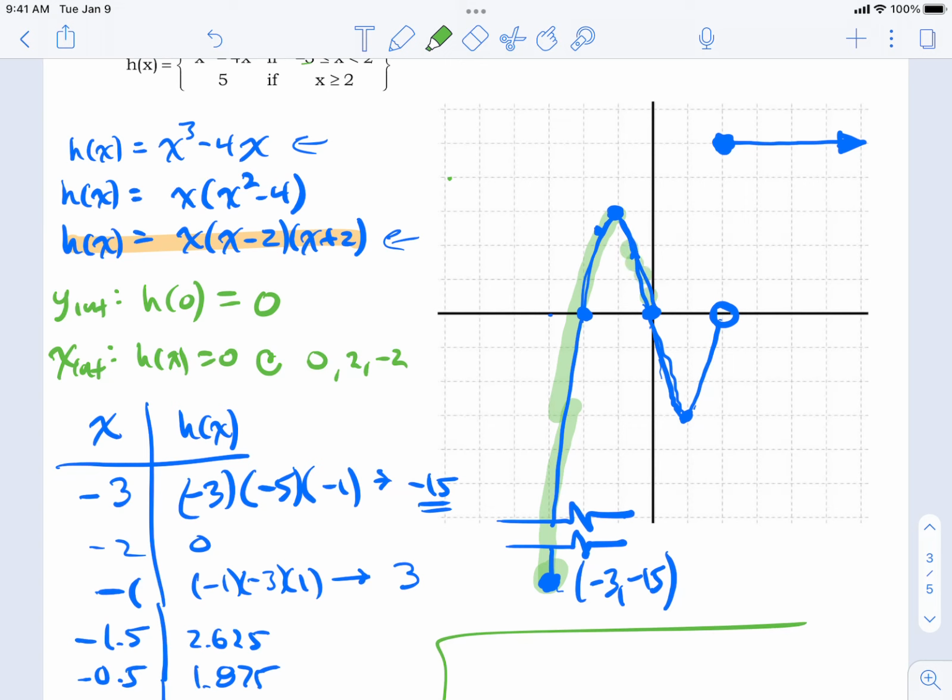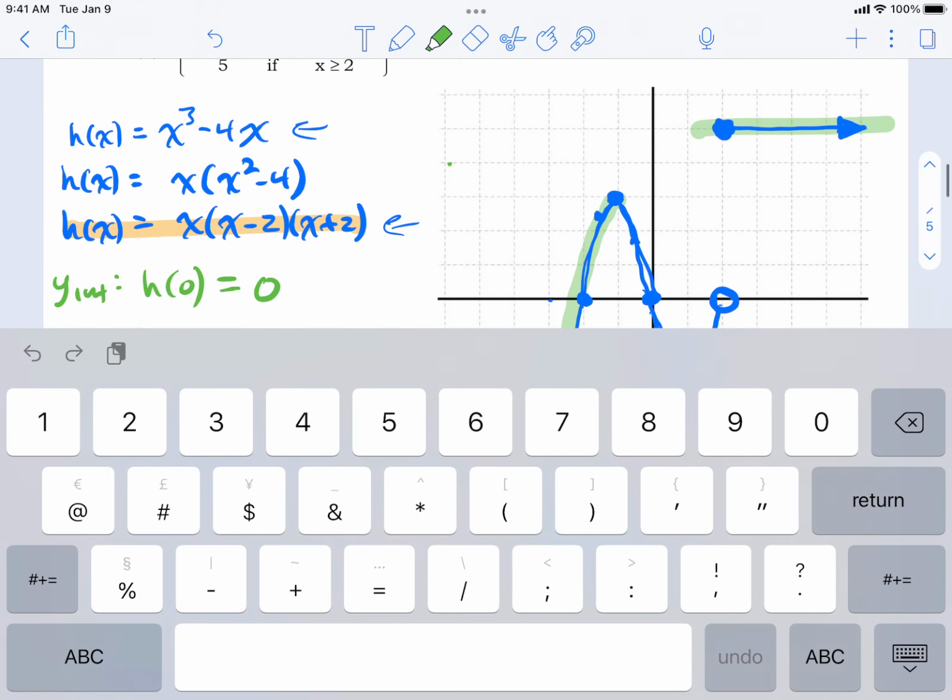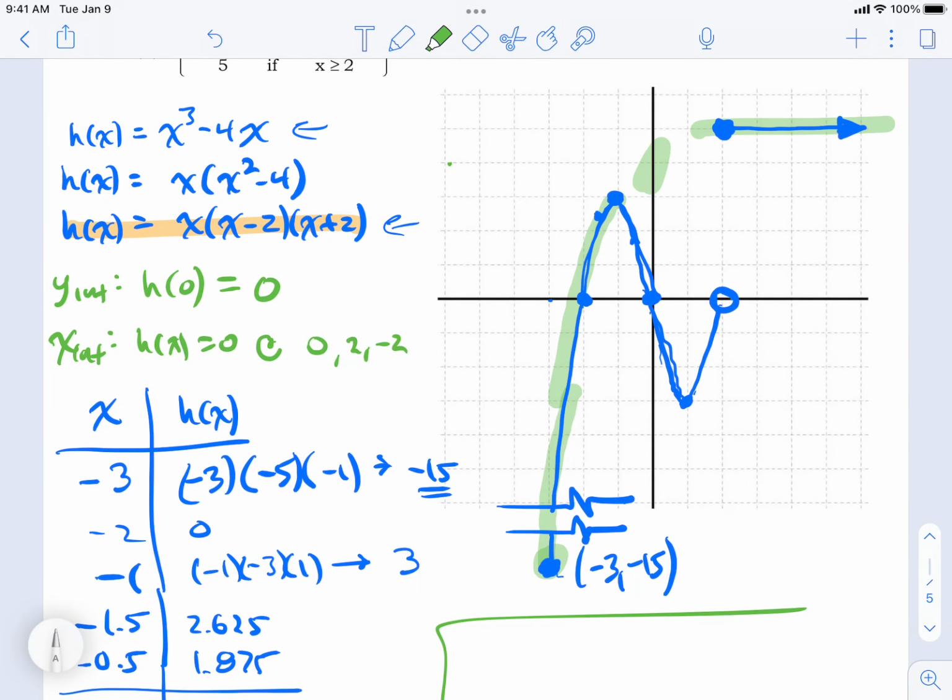If I say everything from negative 15 to 3, that includes all of these. But then you get this one other y value up here that you have to include. So you've got 2 parts to your range. You don't use any of the y values in between because there are no points that have y coordinates of 4, for example.